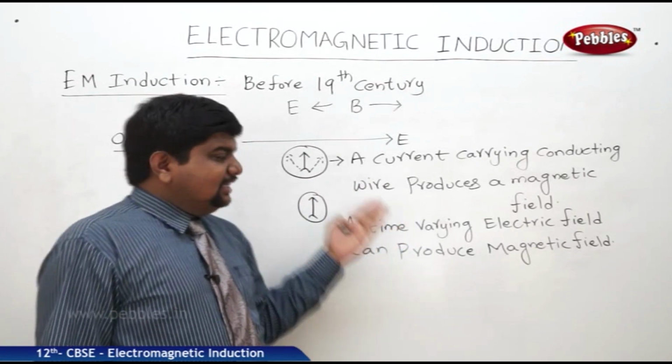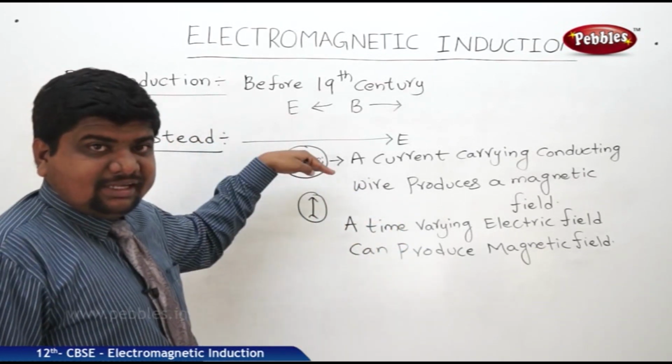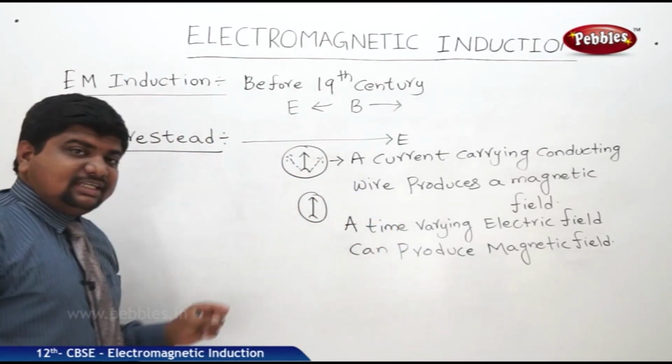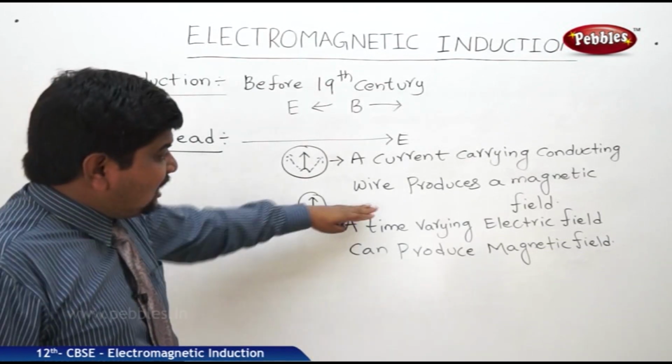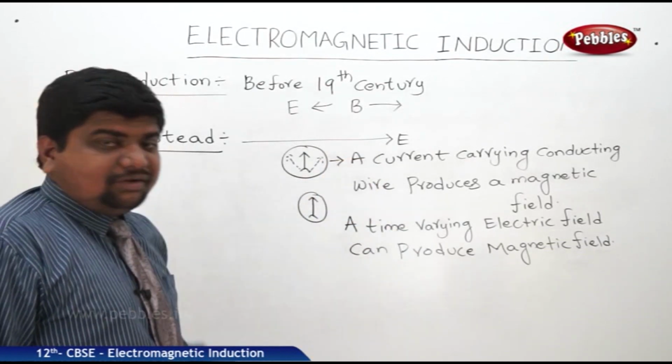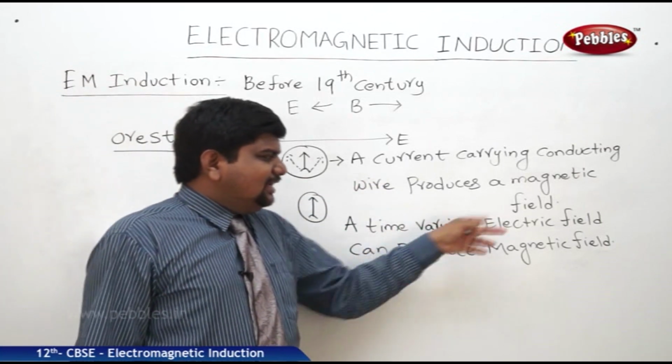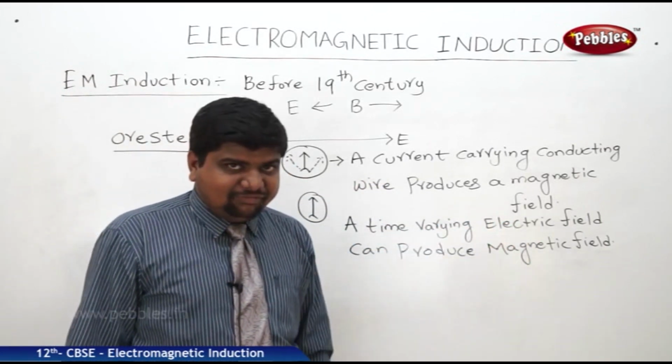Then in the very next years after this discovery, most scientists including Ørsted thought about the converse effect: is it also true or not? Here, a time varying electric field is producing a magnetic field.